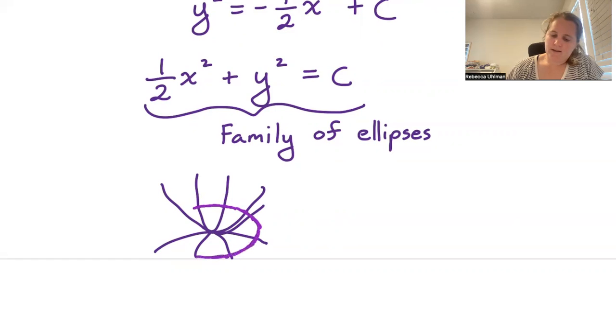That sort of makes sense that we would get an ellipse if we keep drawing ourselves perpendicular. So our parabolas that go through the origin, or that have vertex at the origin, have a particular family of ellipses as their orthogonal trajectories.